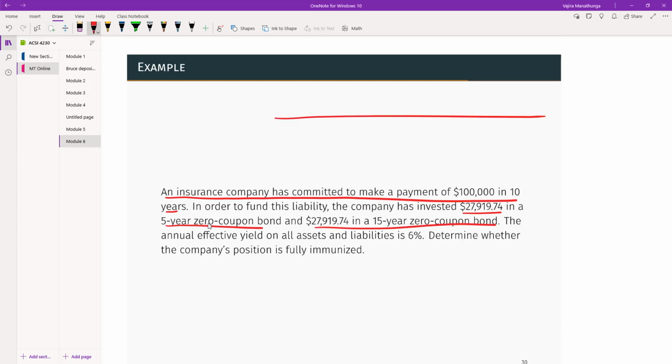So let's first draw the timeline and see how this looks. The liability is 100,000 in 10 years. Right now, we invested 27,919.74 in a 5-year zero coupon bond. So this is basically the present value.